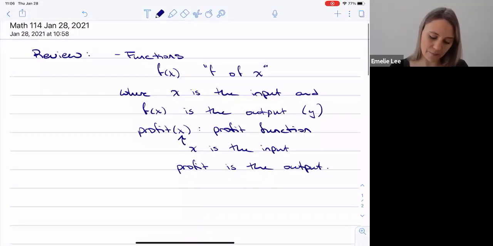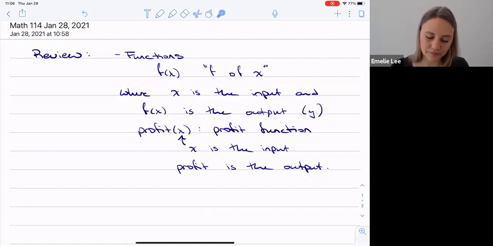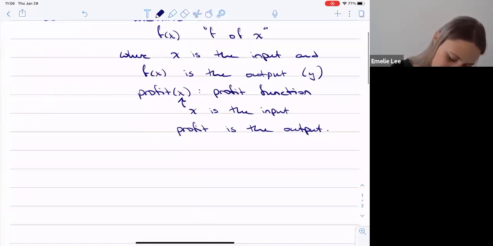But we need to know how to deal with profit functions. For now, we're just saying we need some input, and then it's going to give us some output. And I'll give you the profit function for now. I think in the assignment, we're just using f of x notation, or just the regular function notation. So not quite dealing with the profit function quite yet.